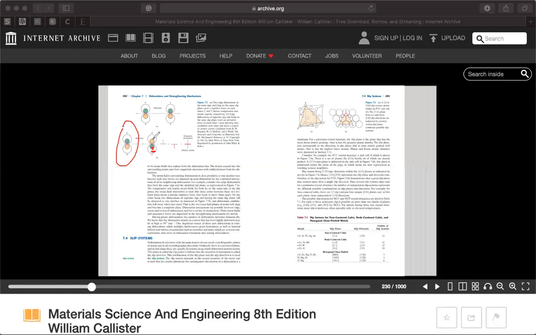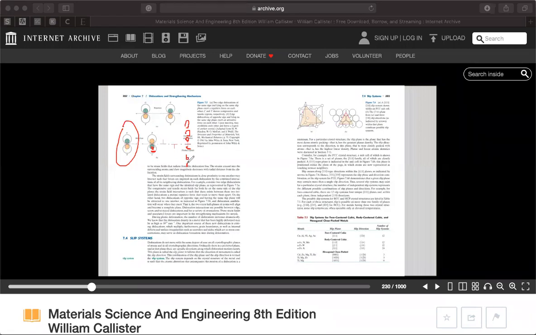So they will cancel the strain field that is around the dislocation. So the result of the addition of two dislocations with opposite sign is dislocation annihilation. The extra half plane of atoms that you have here will align with the extra half plane of atoms in the other dislocation.